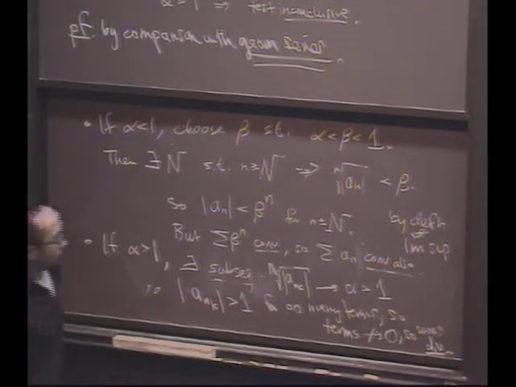Okay. And so then the final case is, what if alpha is 1? Well, the test is inconclusive. You might say, is there anything to show? Well, yeah, there is something to show. I want to show you that there are examples of series for which the ratio is 1 and the series diverges, and other examples where it converges.